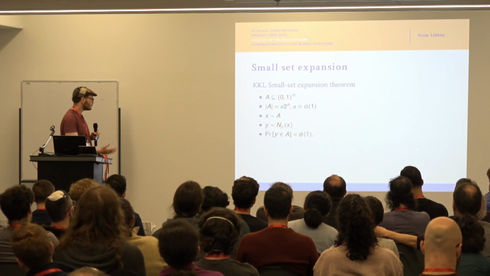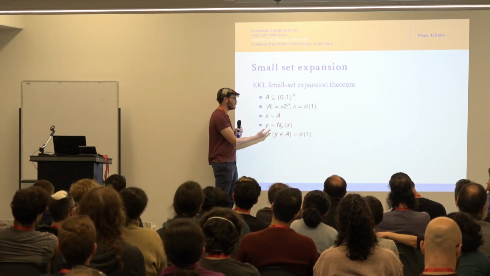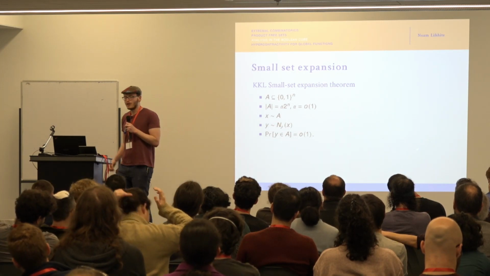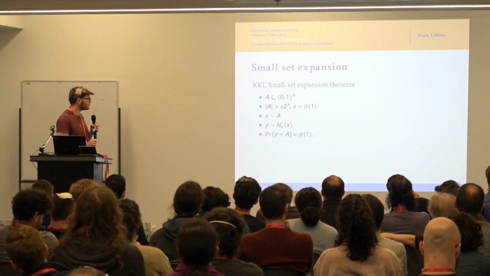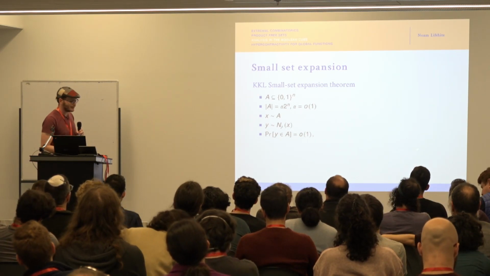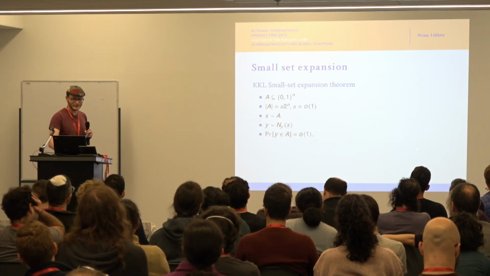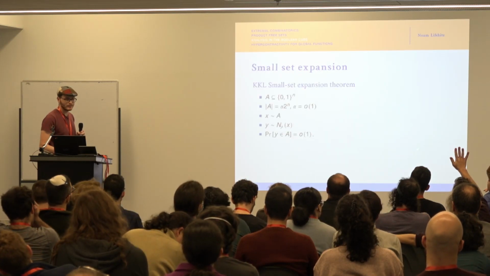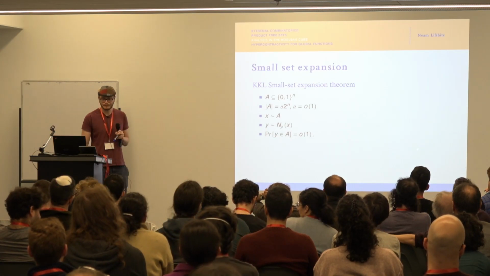Formally, we say that the set is small if its density is a little under 1. The small set expansion theorem tells you that if you take one step of the random walk, you're going to leave the set with high probability. That's a theorem by Kahn, Kalai and Linial that introduced this idea of using hypercontractivity for Boolean functions. Rho is fixed, exactly, yeah.